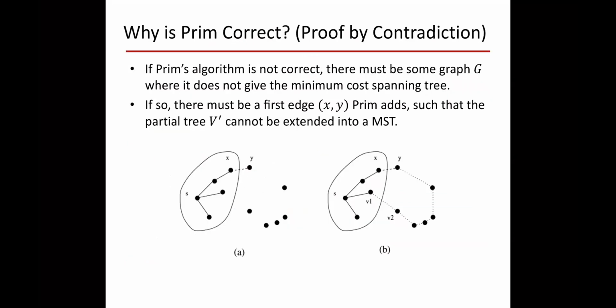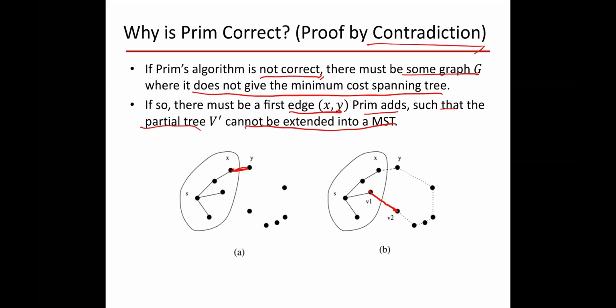So let's do it by a counterexample, what we call contradiction. If Prim's is not correct, there must be some graph G where it does not give a minimum spanning tree. If so, there must be a first edge X, Y that Prim's adds such that there is a partial tree that cannot be extended to an MST, right?